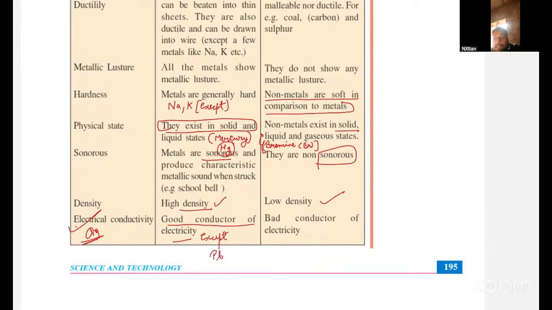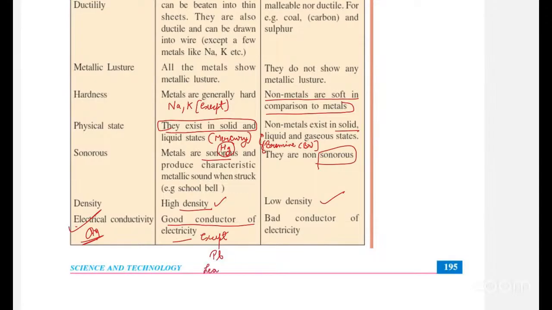Let me check if lead is the answer or not. Yes, lead, Pb. We have one more, called bismuth. And mercury is also an example of an exception to being a good conductor of electricity.